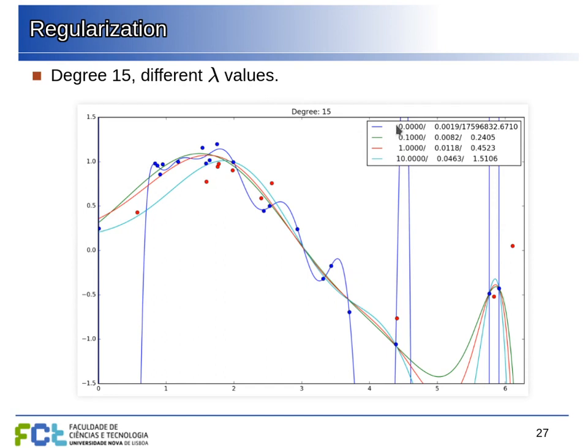If we have a lambda of 0, that is, no regularization, we have this blue curve here. It goes down and up and down and up and so on, and it passes through all the blue points very well. So it has a very low training error, but then it has a huge validation error because it makes these strange curves all over the place.